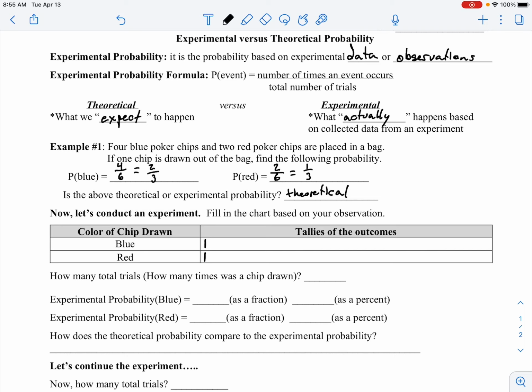Alrighty, random, here we go. Alright, this time I got a blue chip. Put it back in the bag. Give it a nice mix. Sorry about the noise, my microphone is right next to the bag of chips here. Alright, and we get a red chip. So there's 4. Randomly pick a chip. Ooh, we got a red. 5 tries. A blue chip.